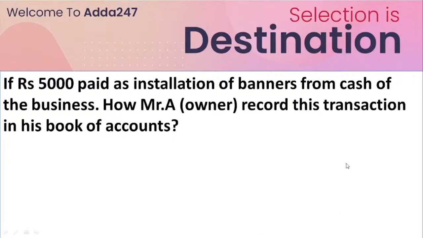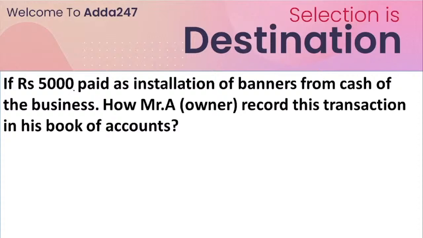Next question: 5,000 rupees is paid for installation of banners from the cash of the business. How will Mr. A record this transaction in his books of account? As I always explain, to solve these kinds of questions in the exam, first you have to recognize which possible accounts can be included in the particular transaction.